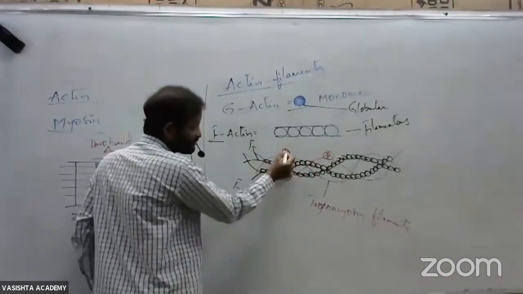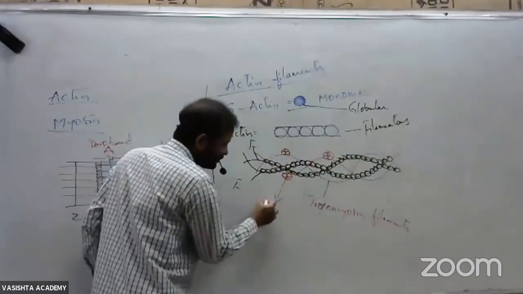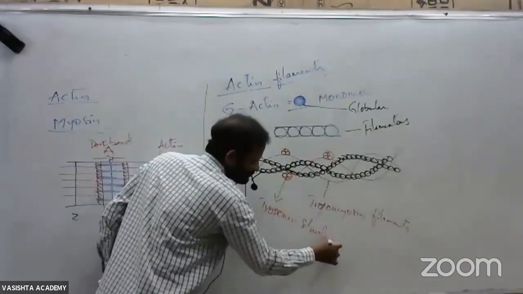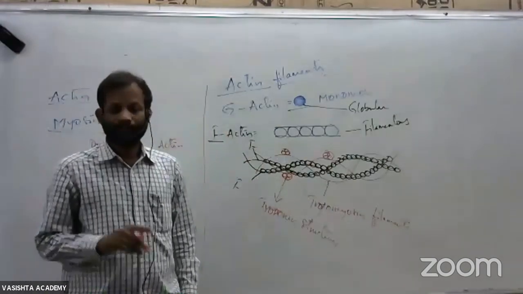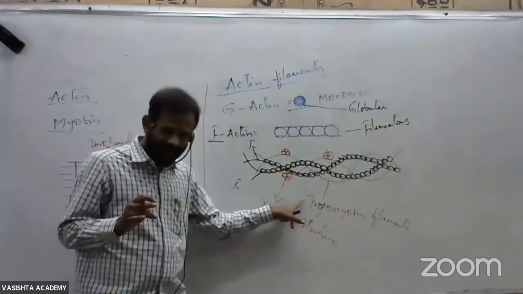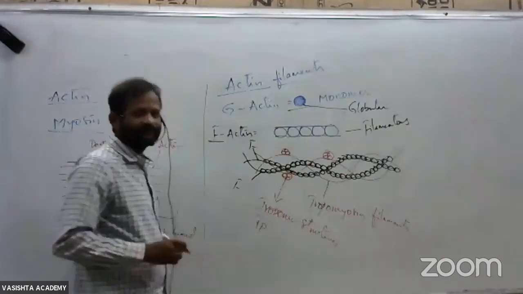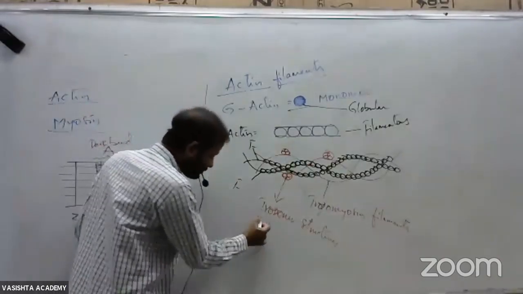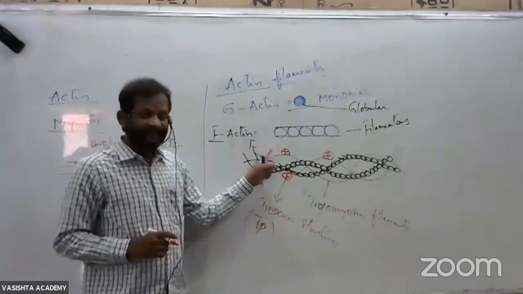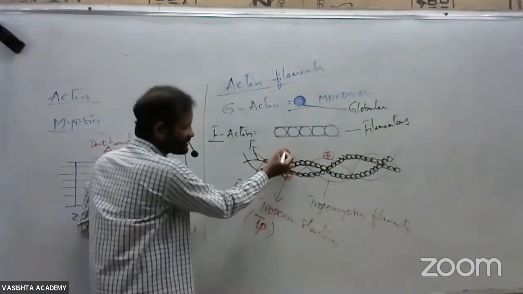Now what are these active sites? Those units are called troponin units, troponin structures. So now you are getting 3 names here: actin, tropomyosin, troponin. This troponin can be written as TP. In each troponin complex, there are 3 subunits. You can see the 3 spherical structures in each unit.